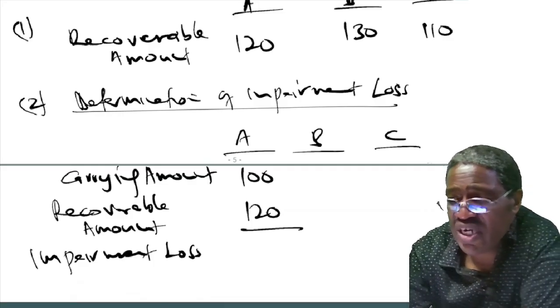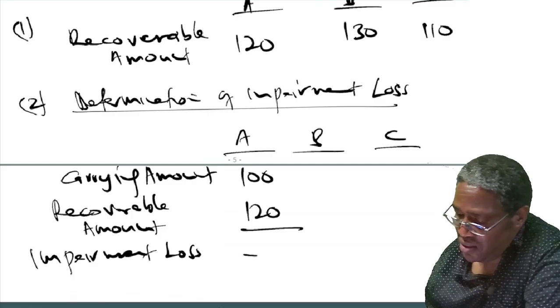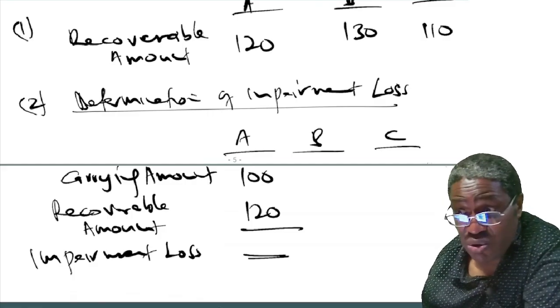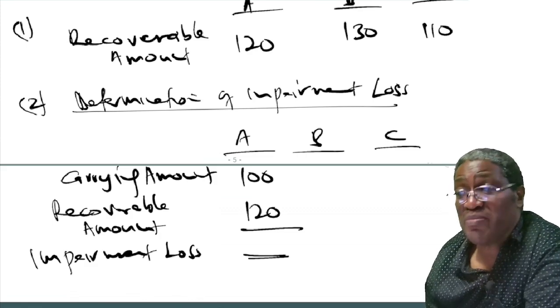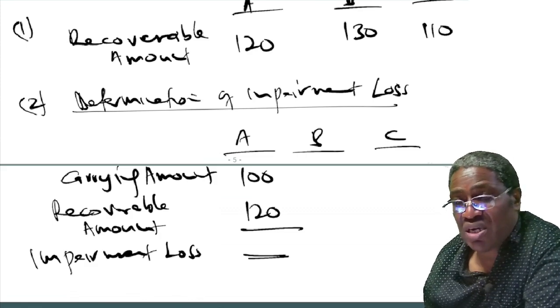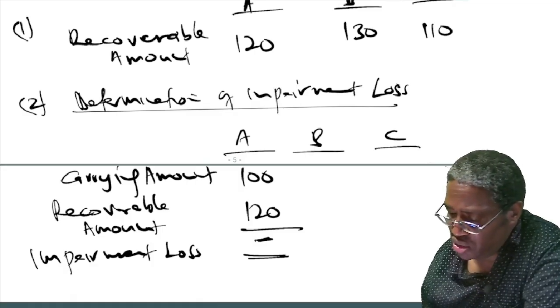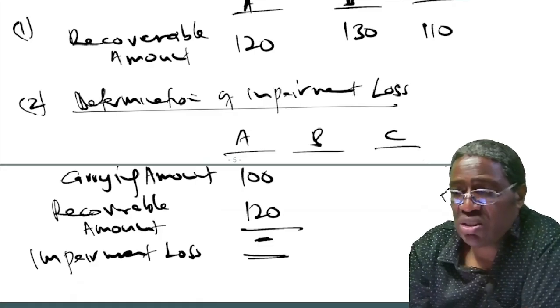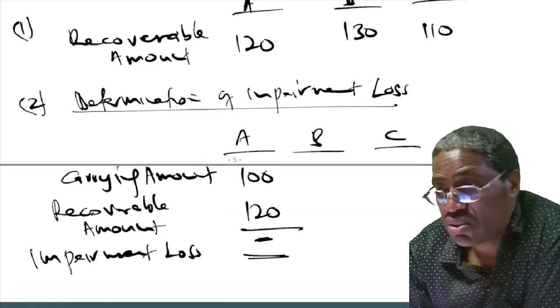Of course, you will tell me that it has not suffered. That's very true. We have said the condition has not been met. Our carrying amount is less than the recoverable. We just come and put a dash for asset A, meaning that there is no impairment loss.